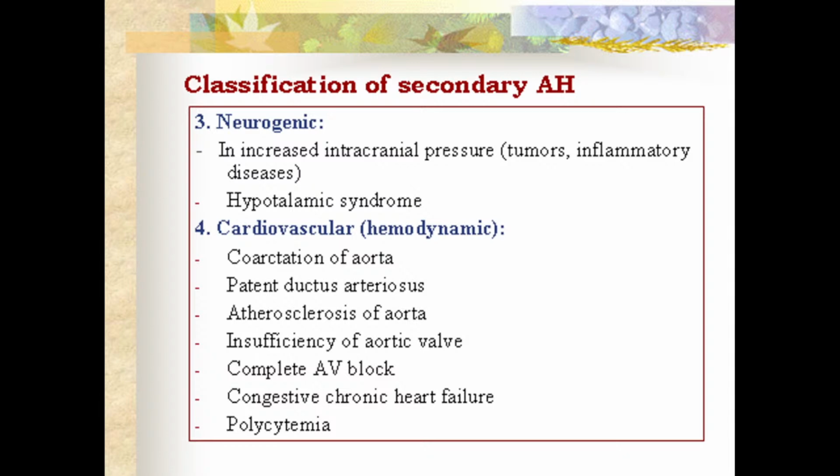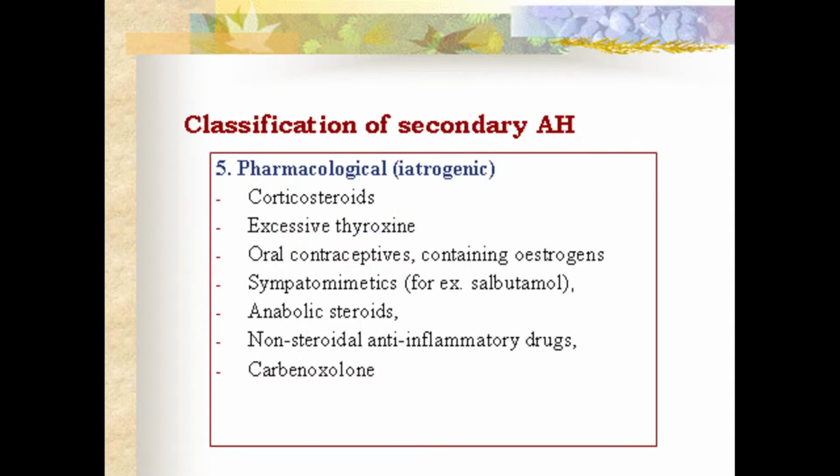They are the following: coarctation of aorta, patent ductus arteriosus, atherosclerosis of aorta, insufficiency of aortic valve, complete AV block, congestive chronic heart failure, polycythemia, and all the above mentioned disorders are manifested by arterial hypertension, also secondary. And iatrogenic arterial hypertension because of the administration and usage of different medications.